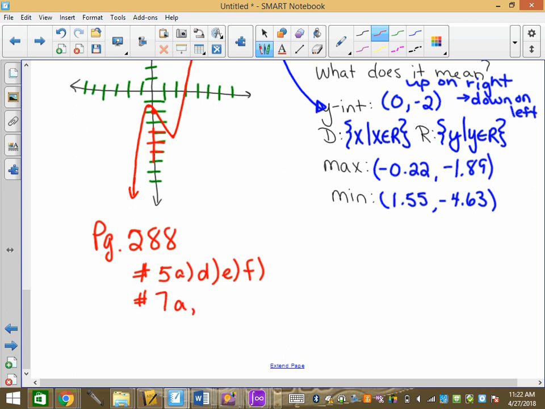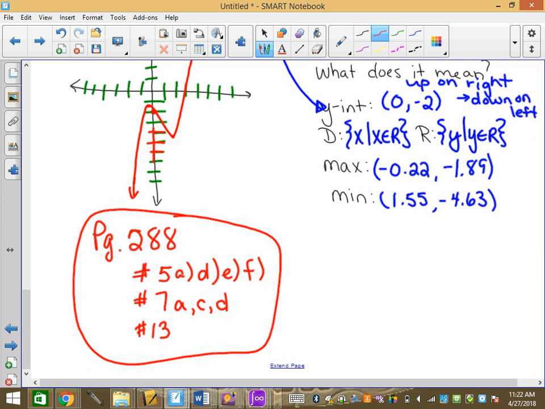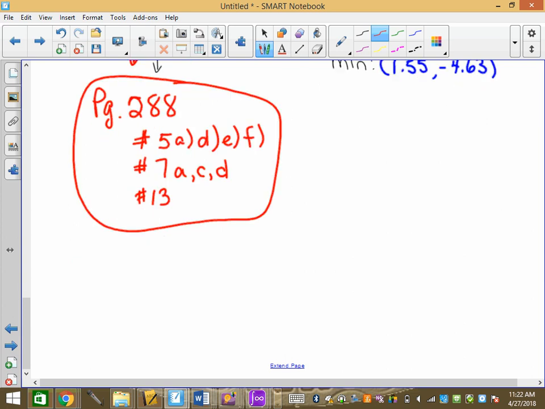And a turning point is just a max or a min, just so you know. So not too many. That may seem like a lot, but it's actually not that bad. Don't know why I just extended the page. I meant to turn my thing off.